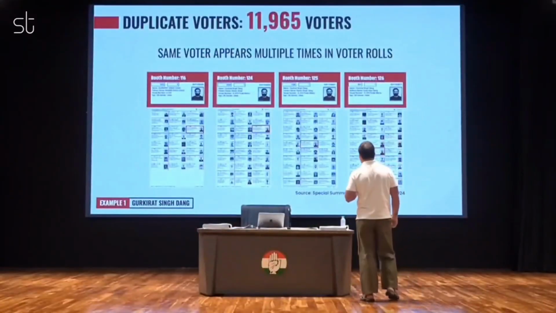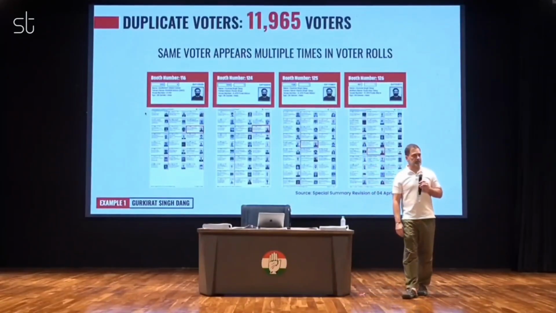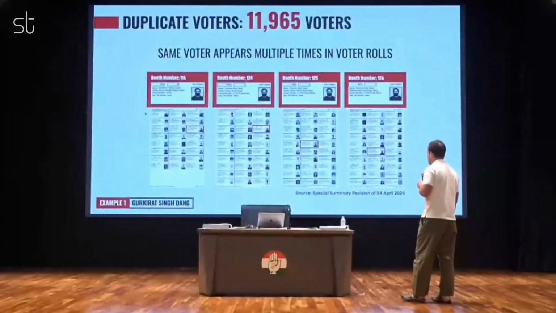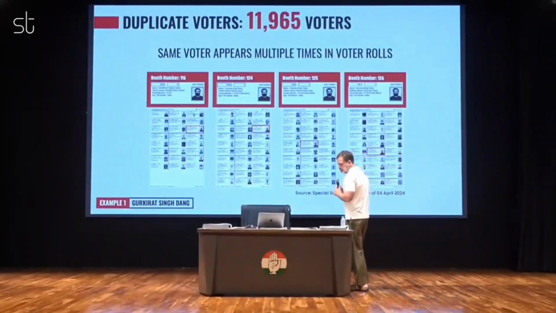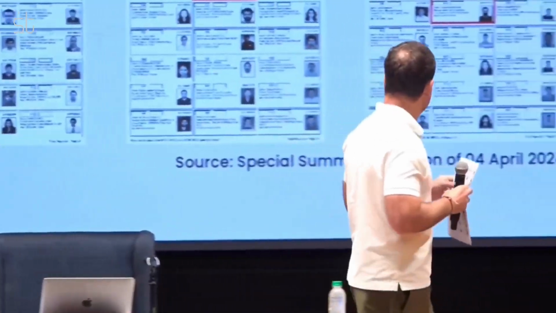Here is duplicate voter. There are 11,965 voters of this type. This is a gentleman called Gurkirat Singh Dang. Here he is. Can you zoom in?